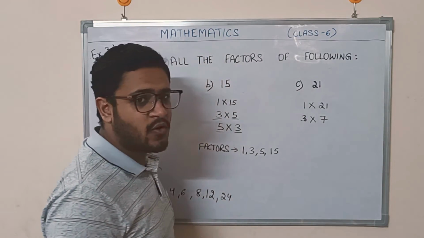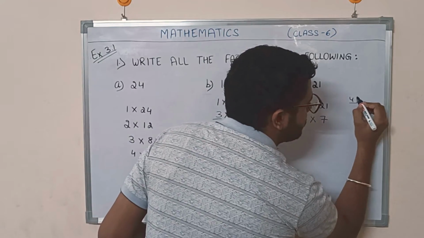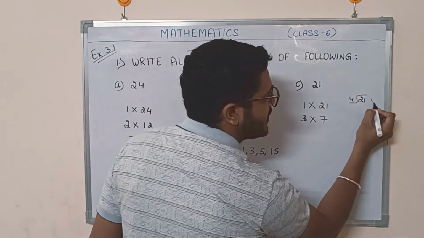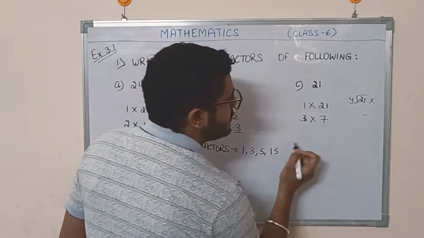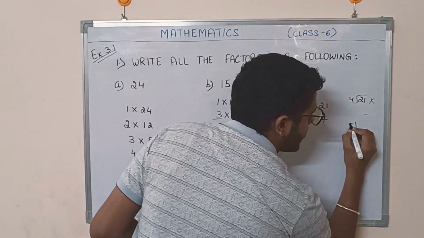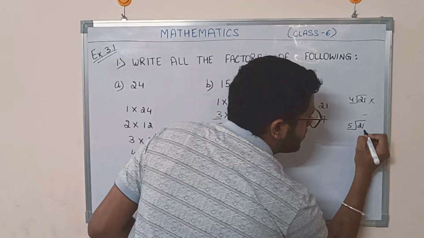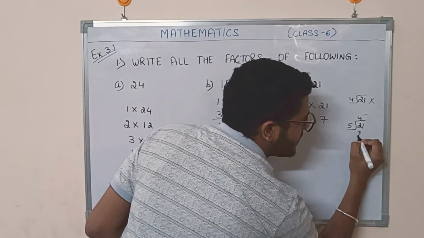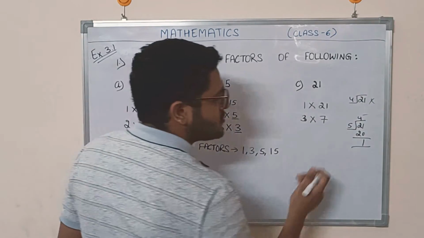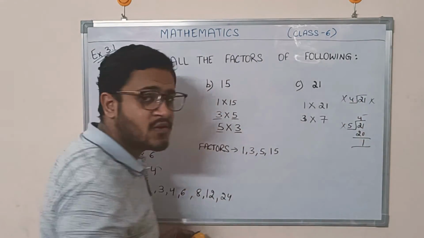Now again 4 will not be a factor. When you do 21 divided by 4, you won't get 0. Let's try with 5 again. When you divide 21 by 5, 5 4s are 20 and we are getting a non-zero remainder. So 5 is also not the case.